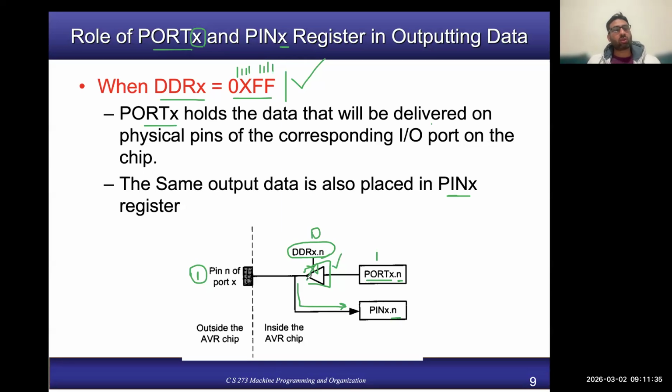You just need to know what is the job of the DDR data direction registers, and what is the job of the port register and the pin register, right? When a port is configured in output mode, the value you want to make available on the output pins, you need to put in the port register, and the internal hardware will also copy the same exact value into the pin register.